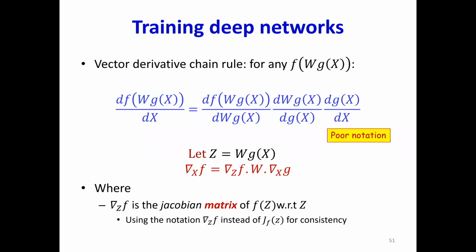And so if I write it this way, and I let the argument of f just be represented as some z, then the derivative of f with respect to x is the derivative of f with respect to its argument z times the weight times the derivative of g with respect to x, right?